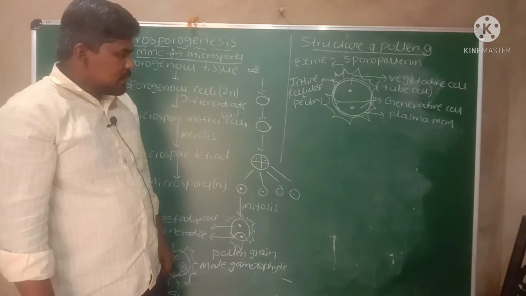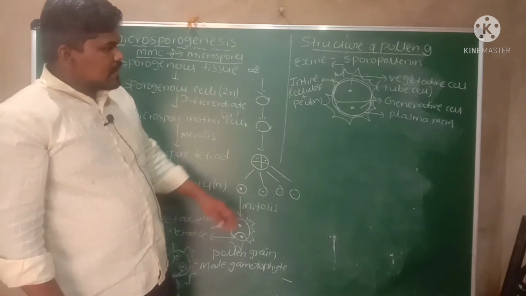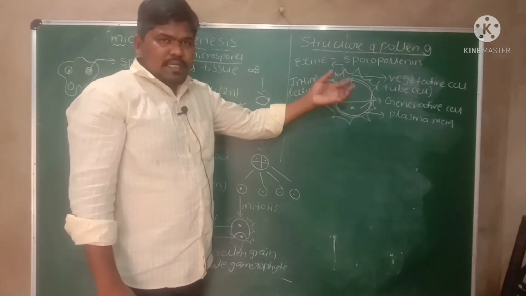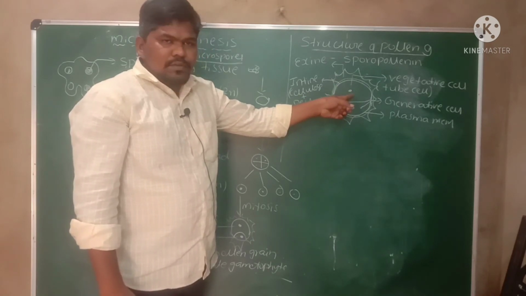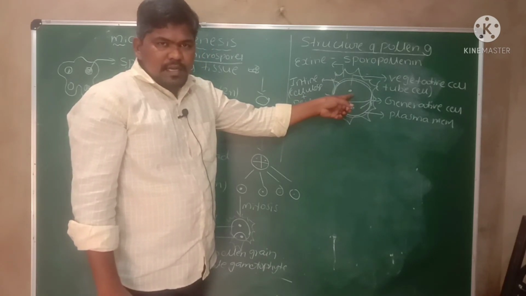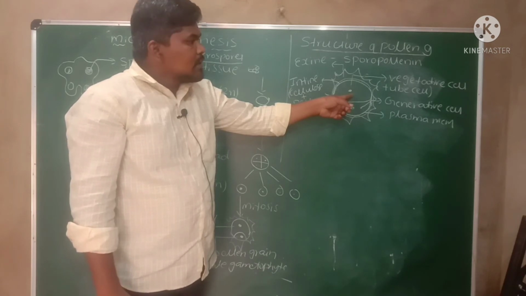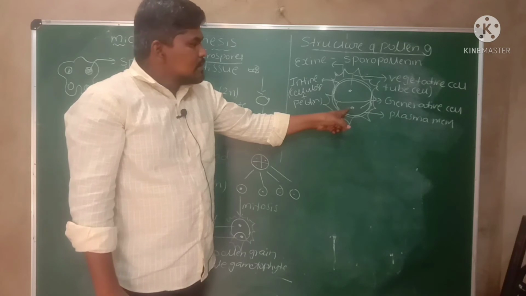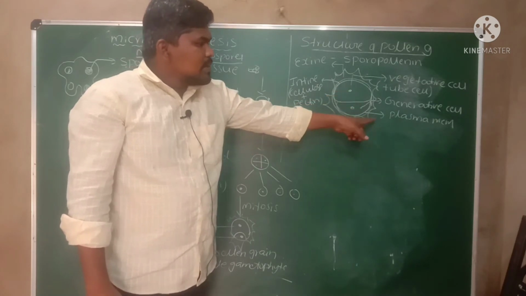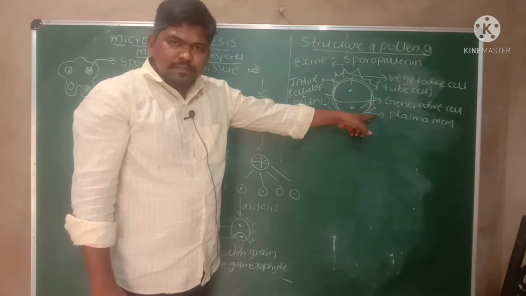If you see the pollen grain that contains 2 cells, one is the vegetative cell, also called the tube cell. Another one is the generative cell. Both cells are surrounded by the plasma membrane.